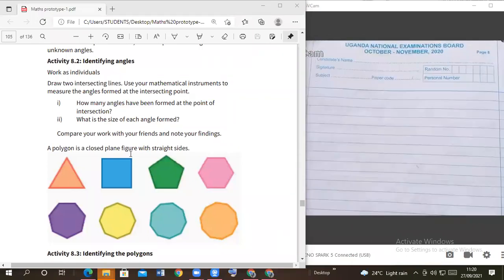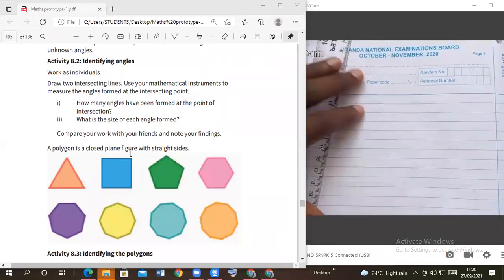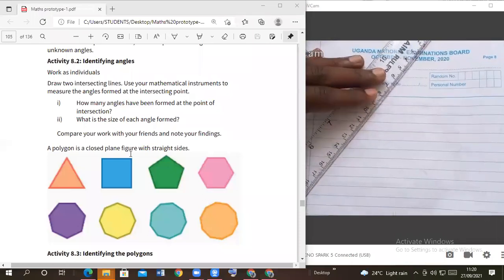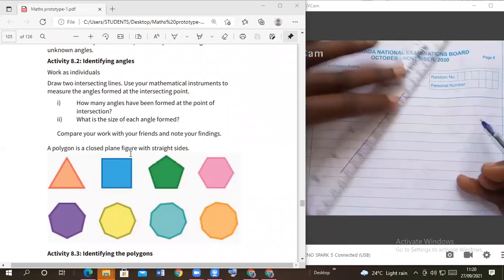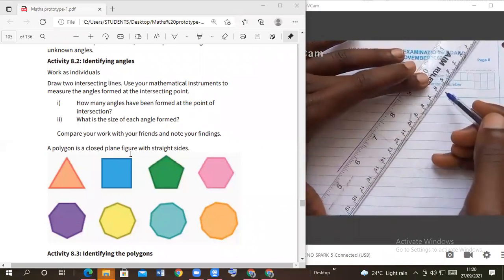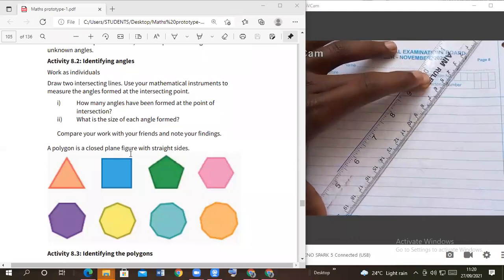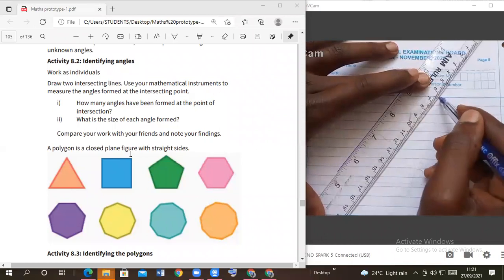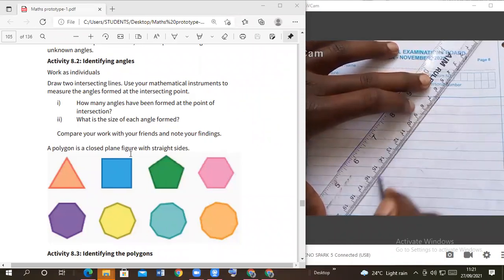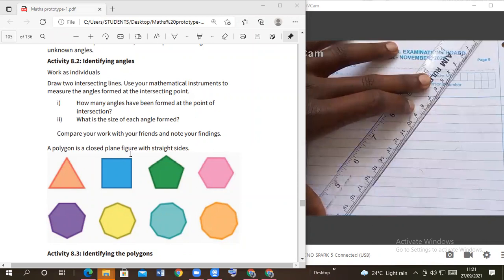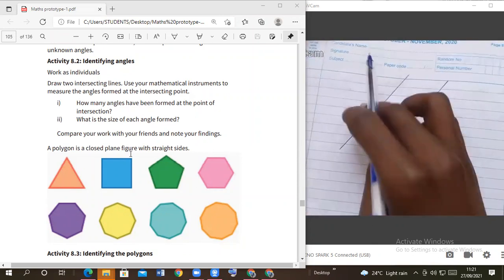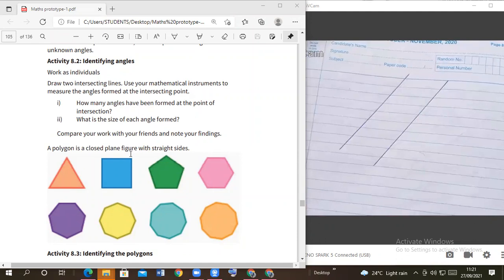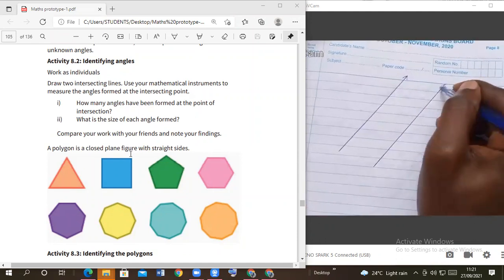Good. So I want to derive some properties from there. Let's draw some parallel lines. Take for example, I have this and I have another one there. I'm putting my ruler so that they are parallel, because we say the distance between them must be the same. These two lines are parallel.